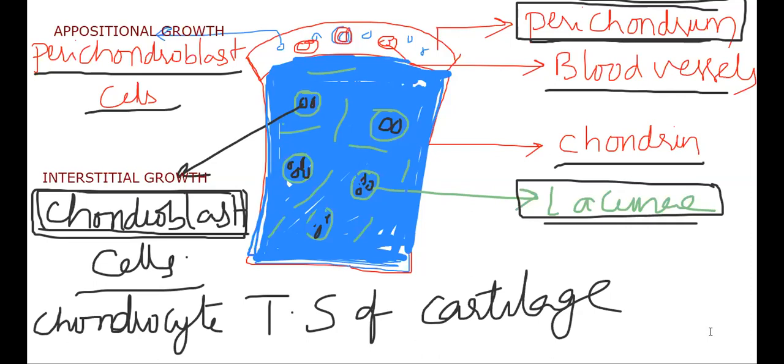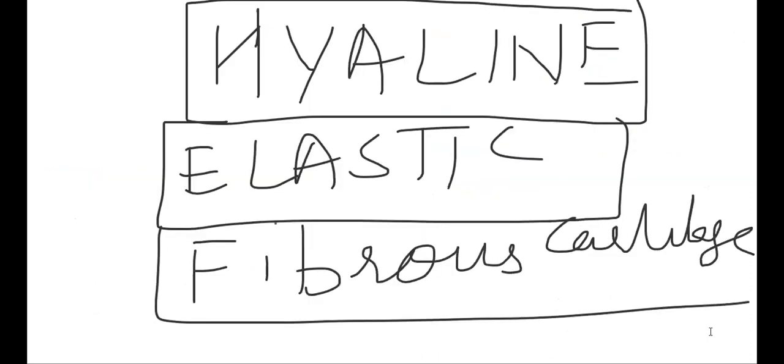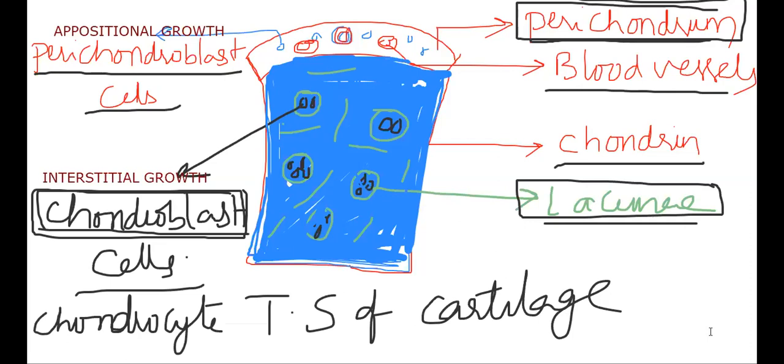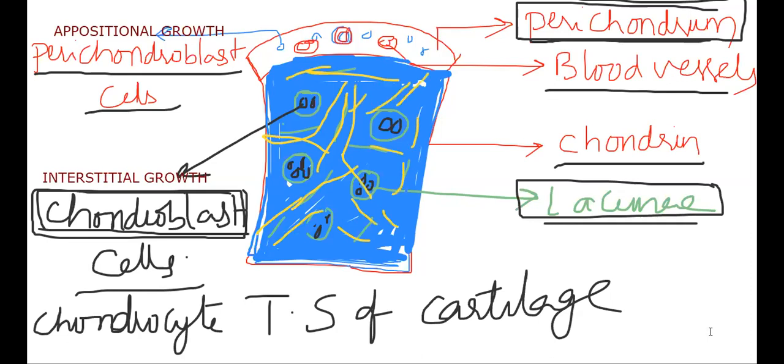Next, elastin fiber: elastic cartilage. The second one, elastic cartilage. By the name, you can understand what type of cartilage it is. These have elastin fibers in the matrix. The remaining structure is the same.